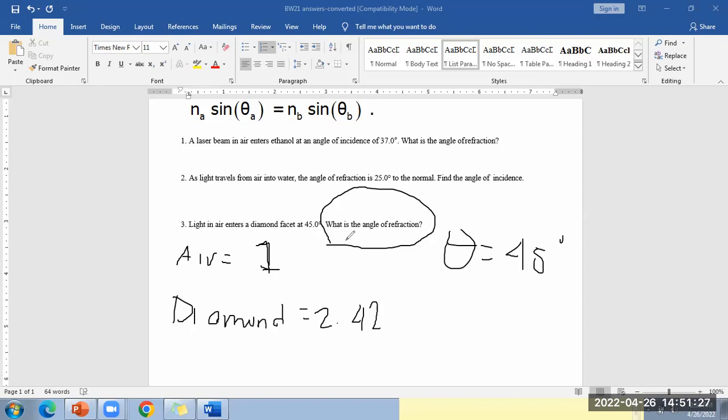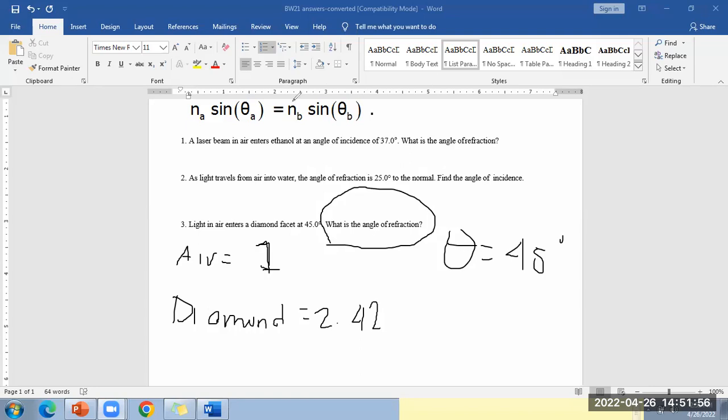Sige, para sabihin natin, NA natin is 1 and NB natin is 2.42. So anong ginamit nyo? The answer is 16.989 degrees or 17 degrees. 17.0 degrees. Okay.